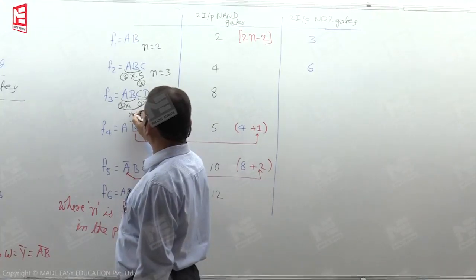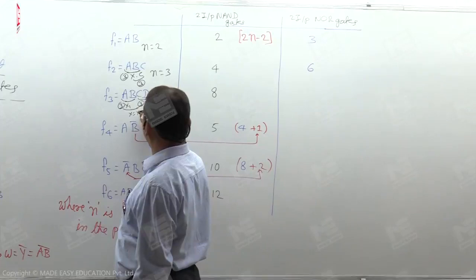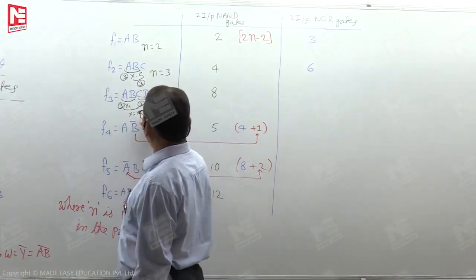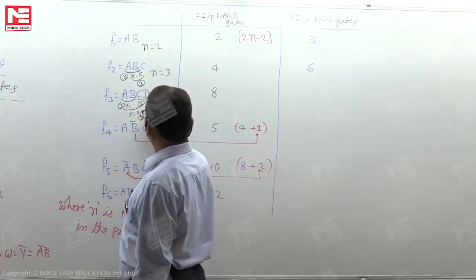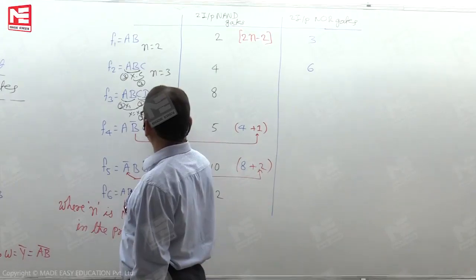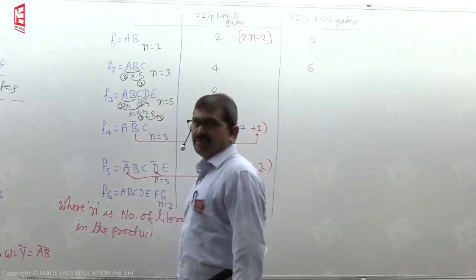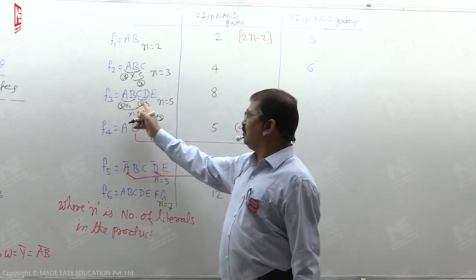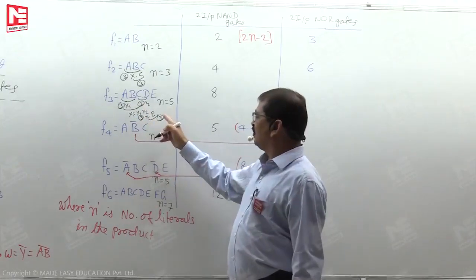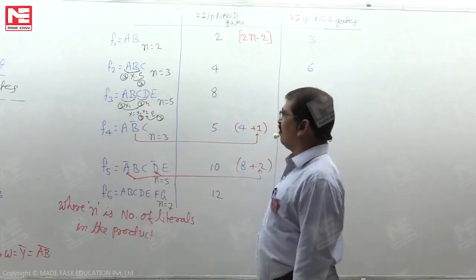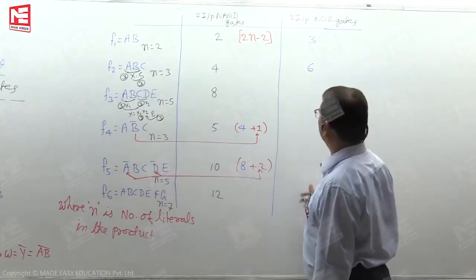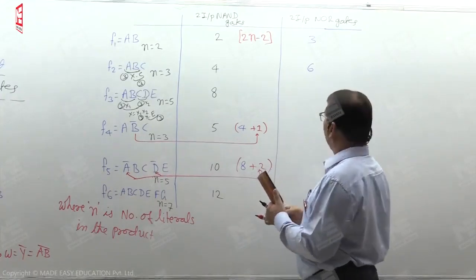For ANDing X1 with X2, we need 3 gates. Finally, X AND with E needs 3 gates. So if you count the number of gates, 1, 2, 3, 4, the number of NOR gates we need is 12.